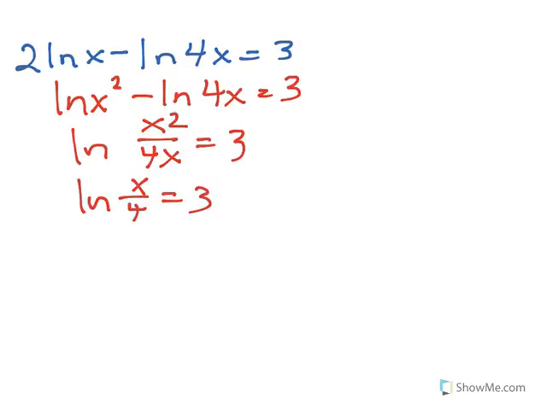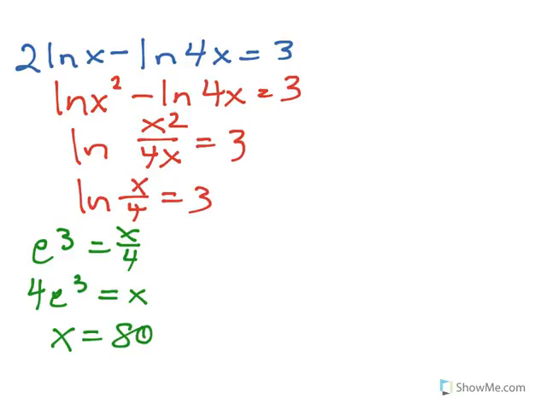That means it's time to switch. So I'm in base e: e to the third equals x over 4. And solving it, I've got to multiply by the 4. So 4 times e to the third equals x. And that's going to take some calculator evaluating. When I punch that in, my calculator tells me that x equals 80.342-ish.